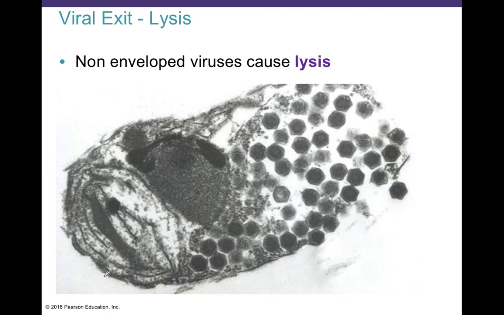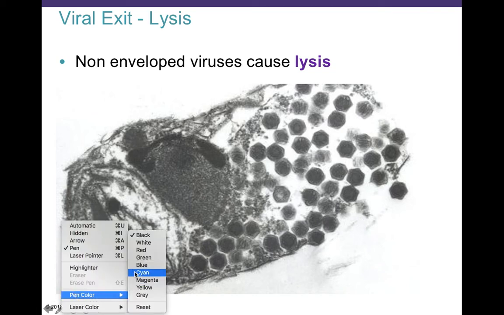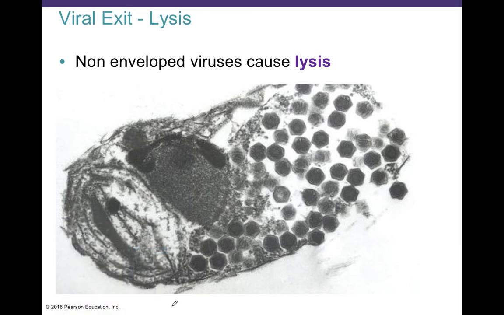The other way that viruses can get out of cells is through the process of lysis. This is a little bit more simple. The idea is that these virus particles are assembling and maturing inside of the cell, and the virus really takes over. Here is an example of a cell that's infected with a virus. This is actually a plant cell infected with a plant virus, but I chose this picture because it nicely shows the process of lysis.